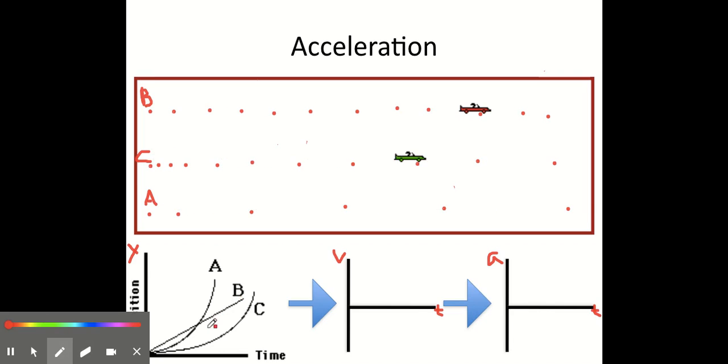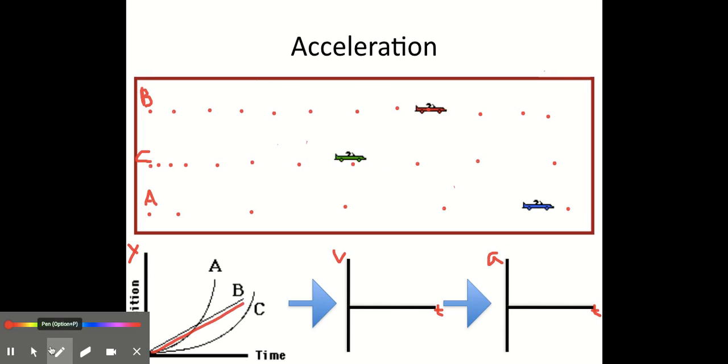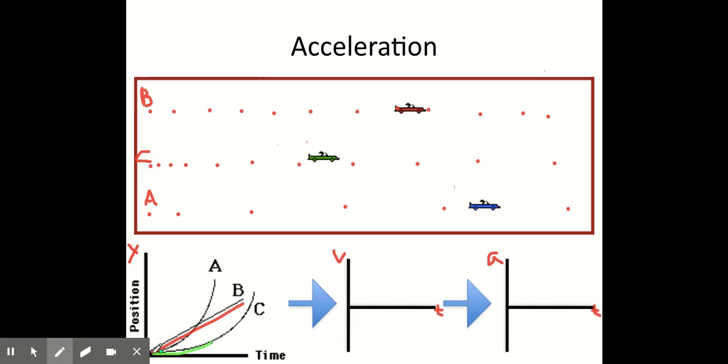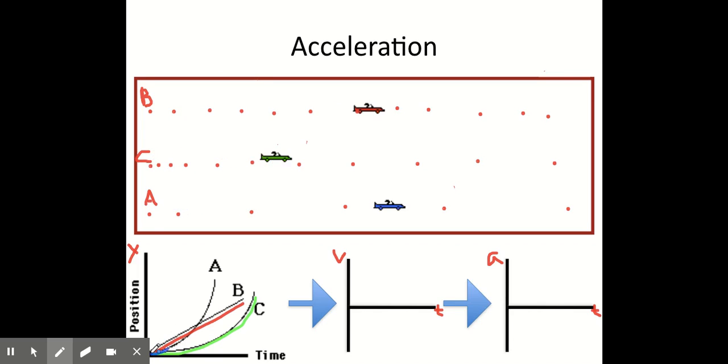Okay, so let's just do this real quick. If car B is the red, oh look at this, look at me, such a great teacher. Okay, car C would be the green, and let's get here in the blue, and that would be car A right there in the blue.